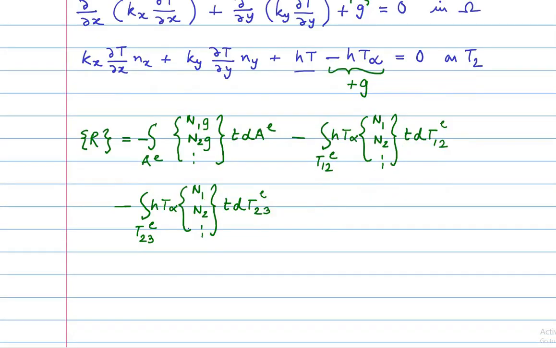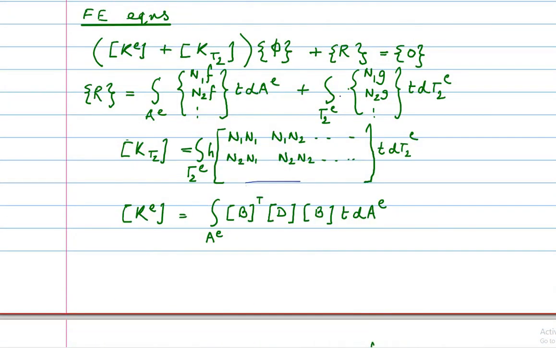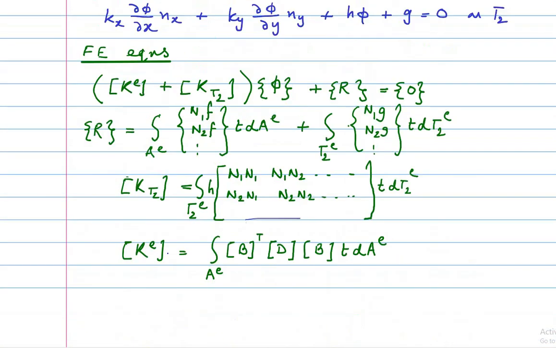And here there are two terms. Here you are getting a single term for N1G, but you are getting two terms because one is on h12 and the other is on h23. So this is the example.